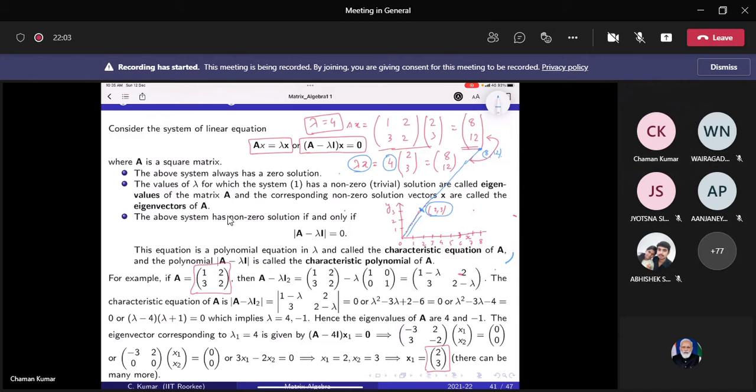Okay. So this is the real purpose of finding eigenvalues and eigenvectors. In real life, this has a lot of applications, particularly in statistics, where people are interested in summarizing the data, or you have a large data set and you are interested in identifying the components of the data.